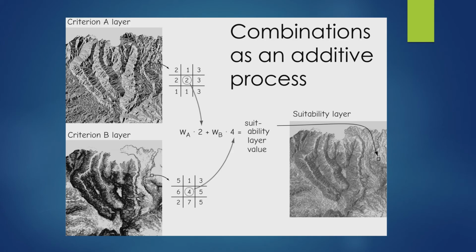So if we had two raster GIS layers, and we decided that in order to get a suitability layer value, we would take criteria, layer A, and multiply it by 2, layer B, and multiply it by 4, and that would give us our overall suitability layer.